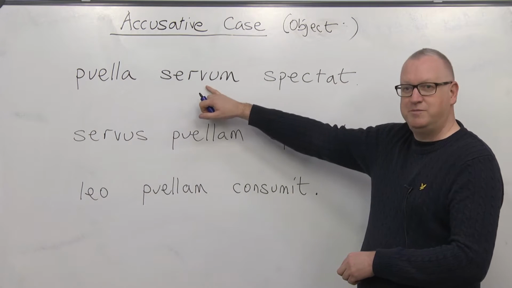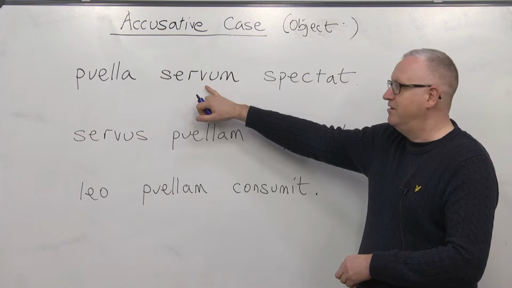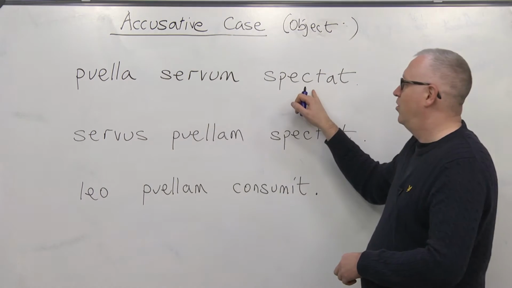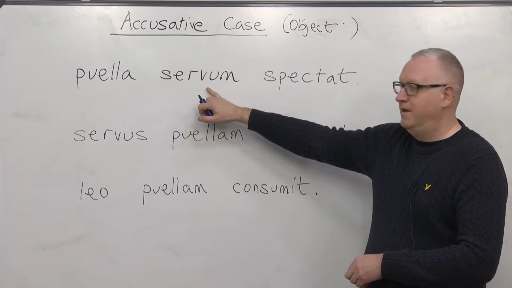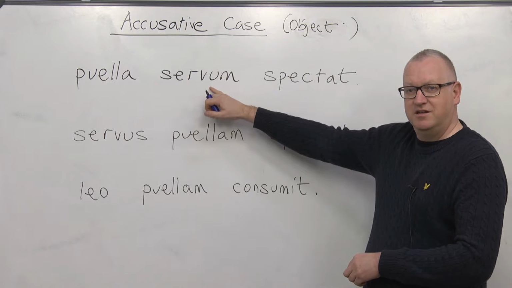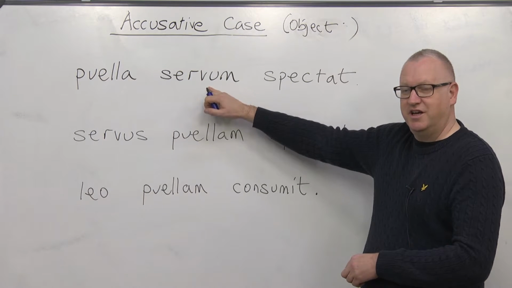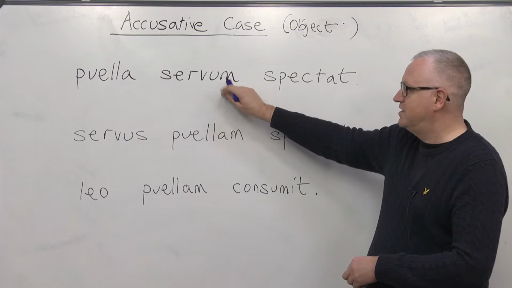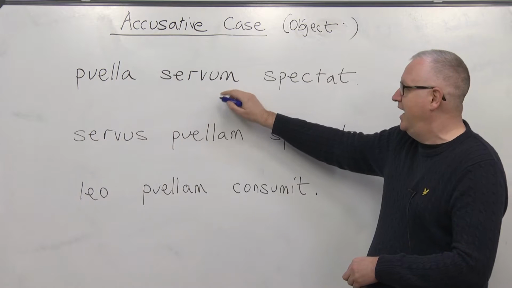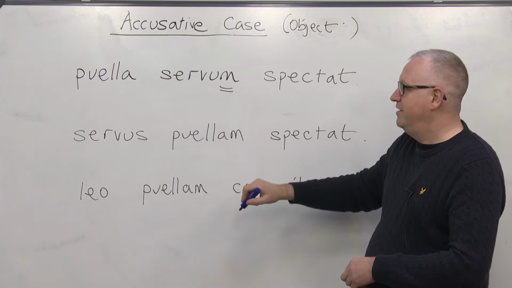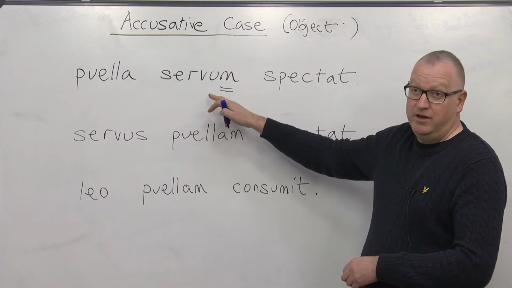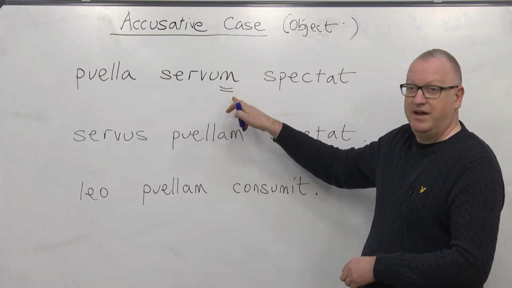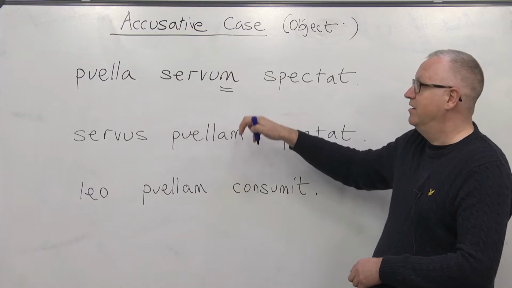And the person who is being watched is the slave. The girl watches the slave. And to show that the person who's being watched is the object, we put it into the accusative case, which in this example ends in the letter M.